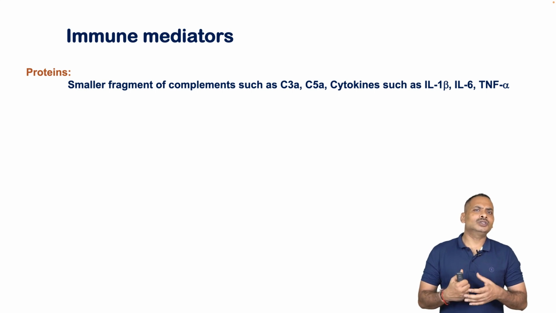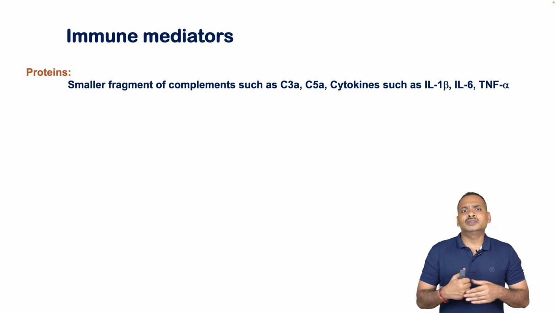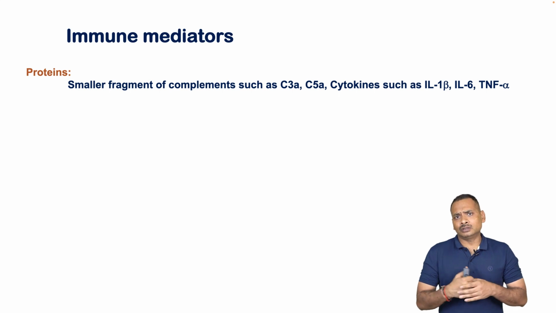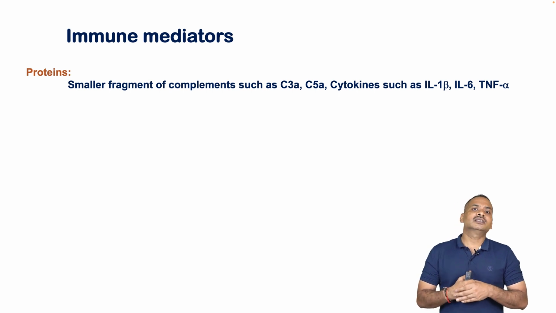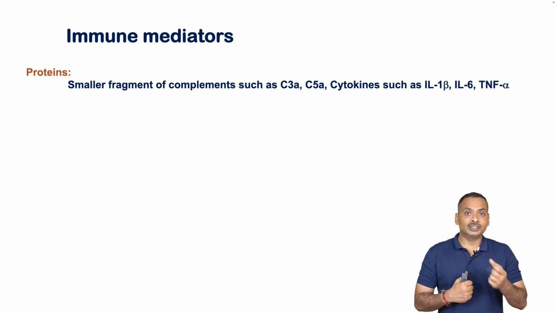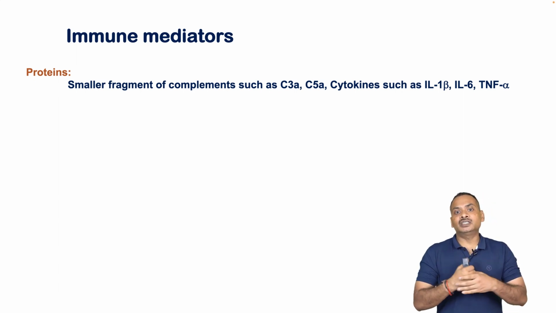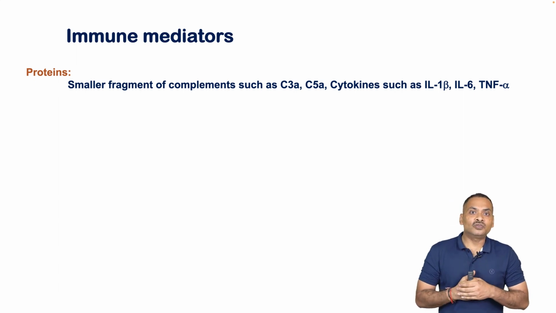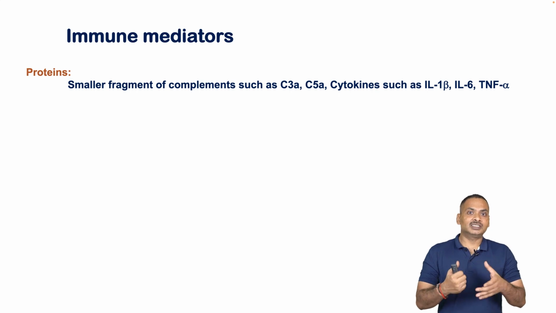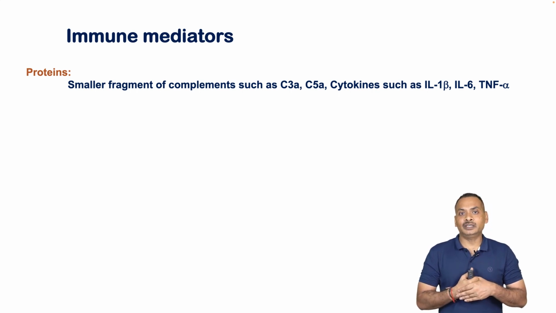I have told you in the previous session they act on invading pathogens, and they induce three major kinds of responses. One is that it induces inflammation. Inflammation is mediated through these small fragments of complement, that is C3a and C5a.